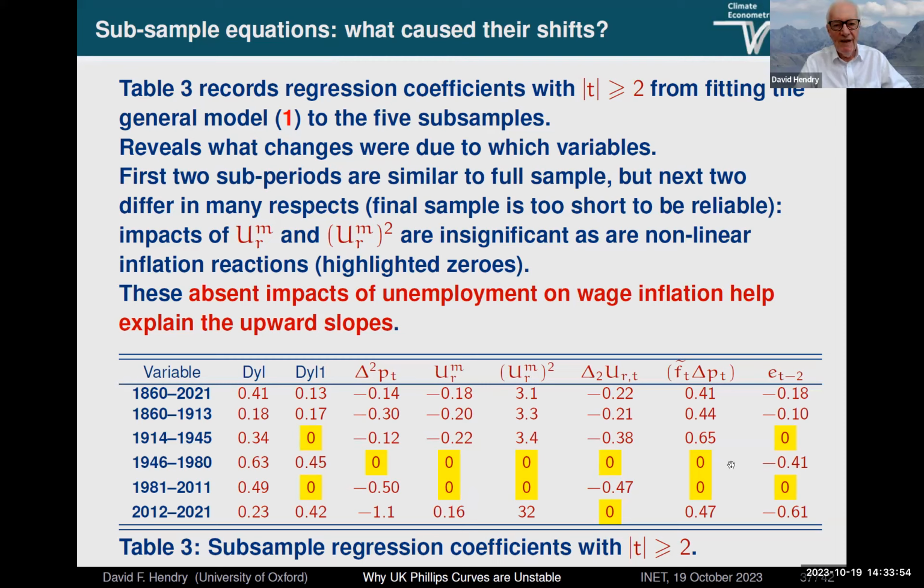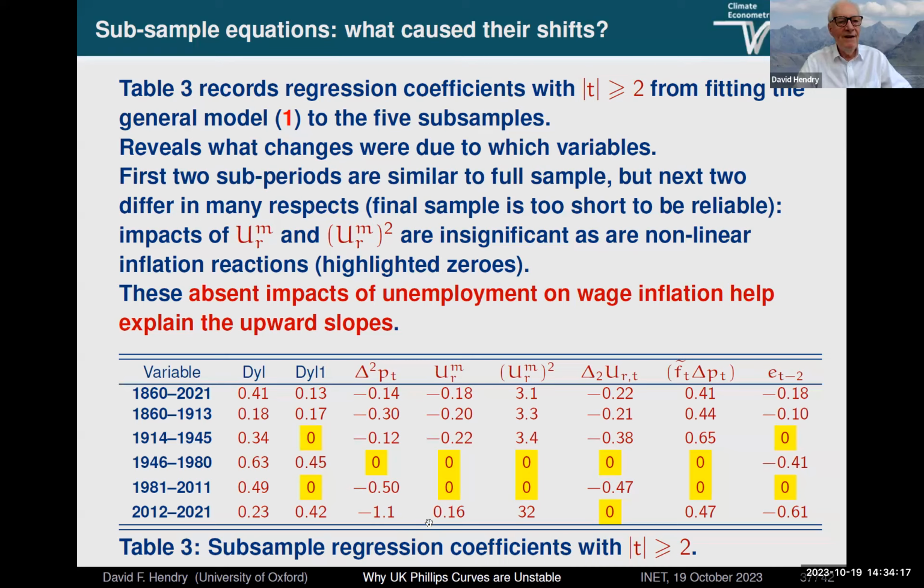Because these don't have any effect, the equation goes upwards. And it's almost the same here. These don't have any effect, so it goes upward at a less steep rate. And in the third period, most of them are significant, quote unquote, but the sample's pretty much unreliable. So suddenly we have the puzzle resolved.